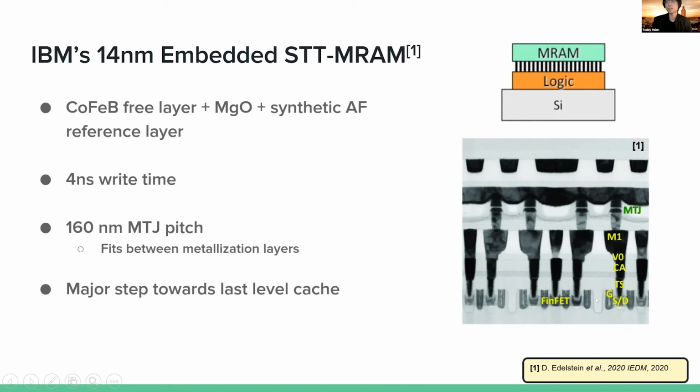You see your FinFET CMOS. You can directly embed it between the metallization layers to get truly scaled embedded memory. And this represents a major step towards last level cache, which I talked about as kind of like the golden ideal memory. This is like the hardest thing to do, but also the most exciting part for MRAM, really.